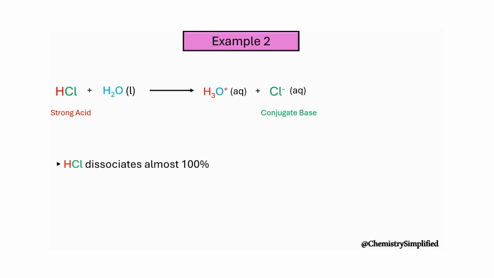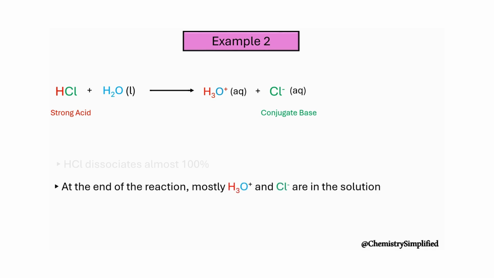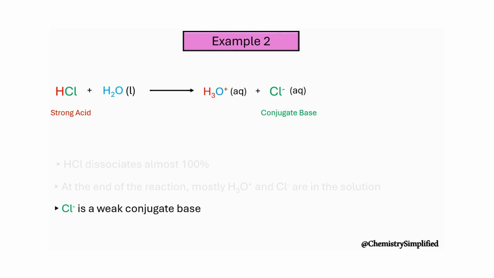So hydrochloric acid would dissociate almost completely because it's a strong acid. And at the end of the reaction, we would find mostly hydronium ion and chloride ion in the solution because the forward reaction is favored. And lastly, we would say that chloride ion is a weak conjugate base because it's from a strong acid.